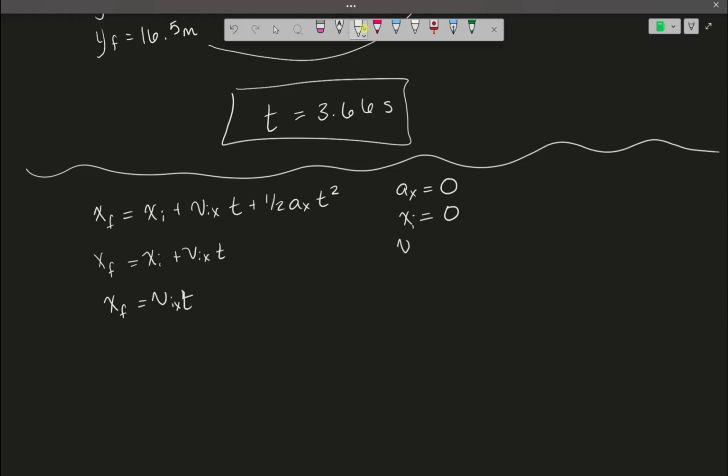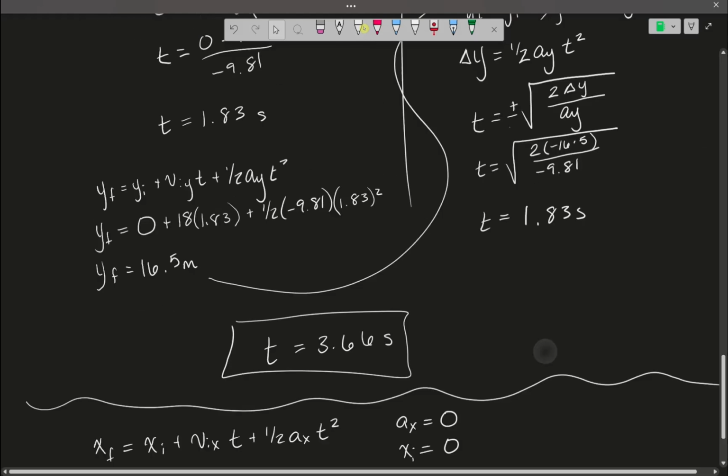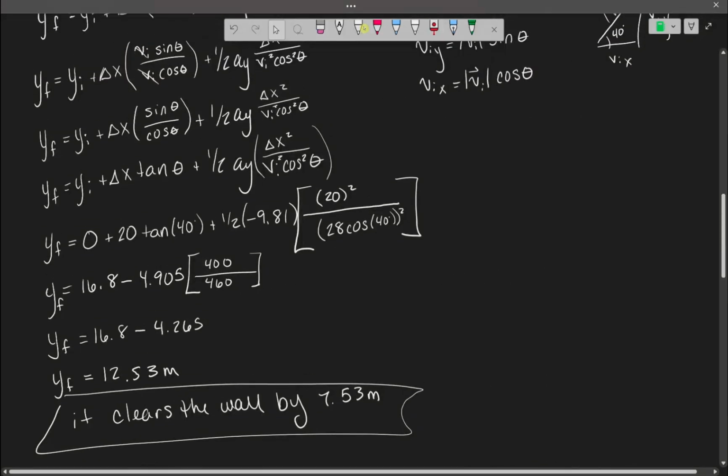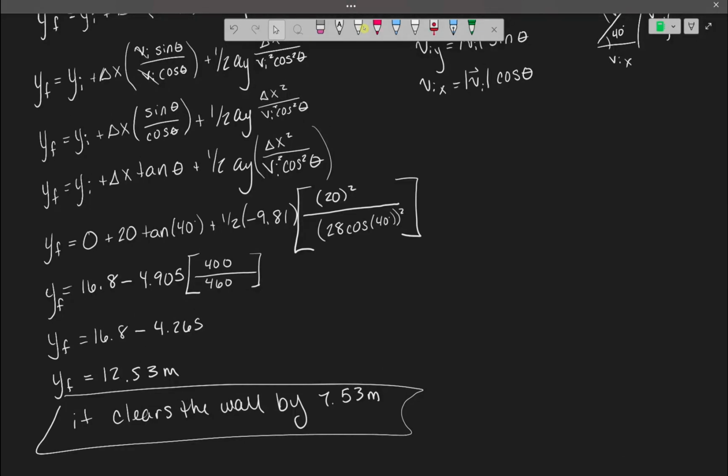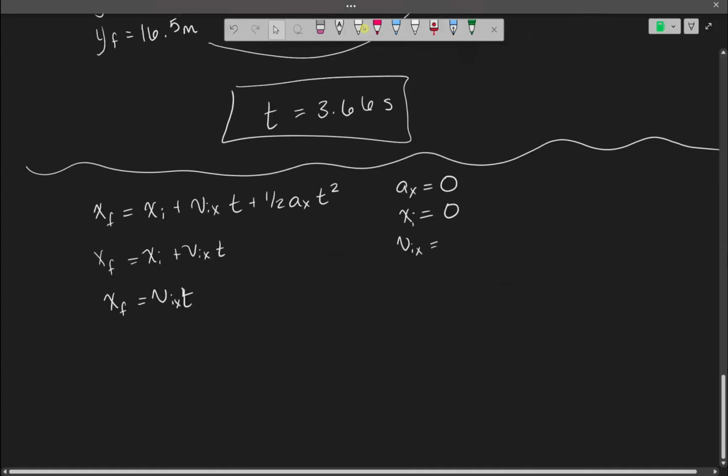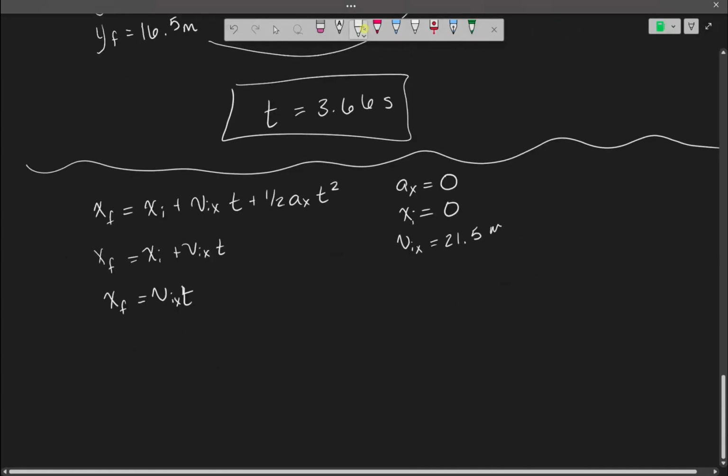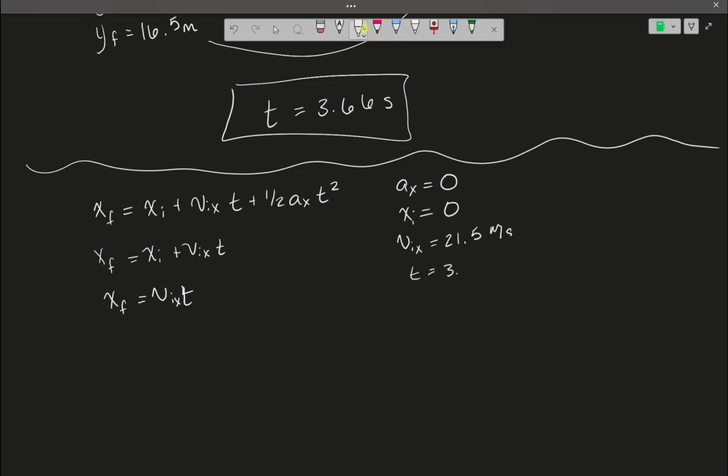So I can use the initial velocity in the x direction that I calculated earlier, which was 21.5 meters per second, and I can use that time that I calculated, which was 3.66 seconds, and I figure out that the total distance that this ball travels is going to be 78.7 meters.